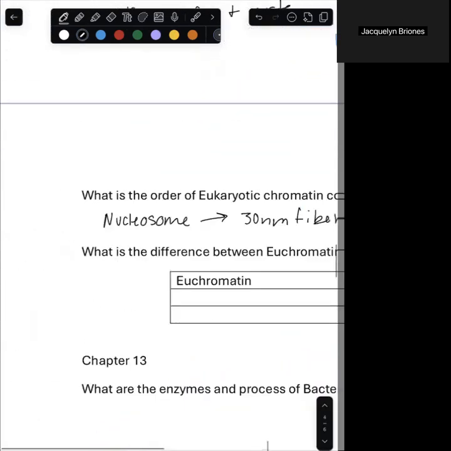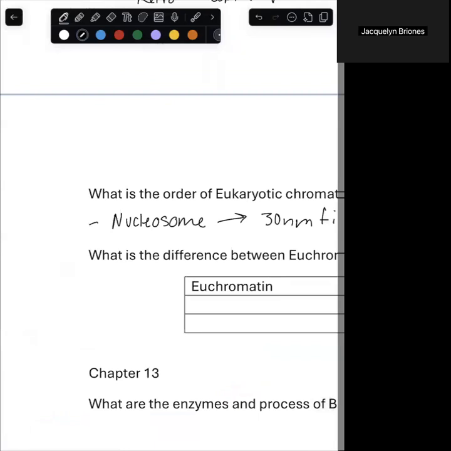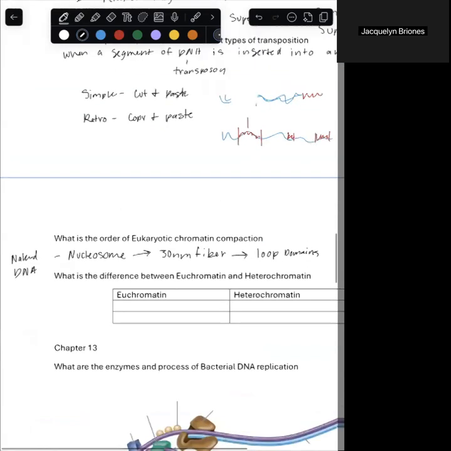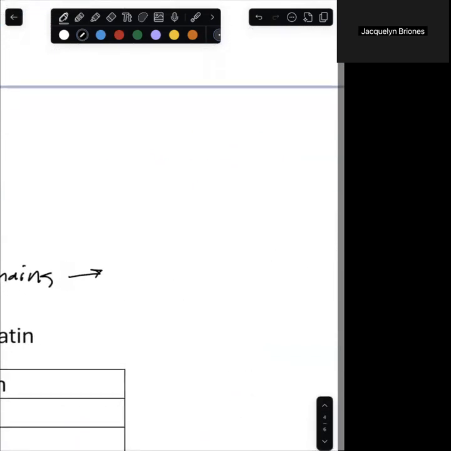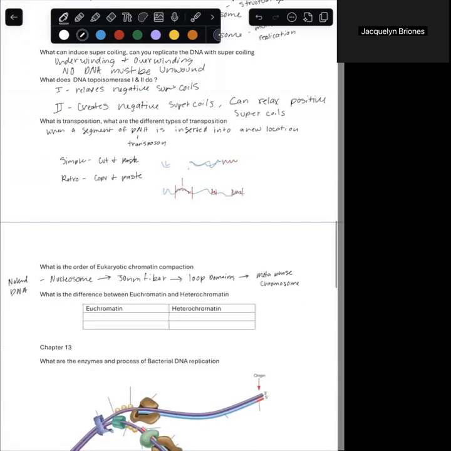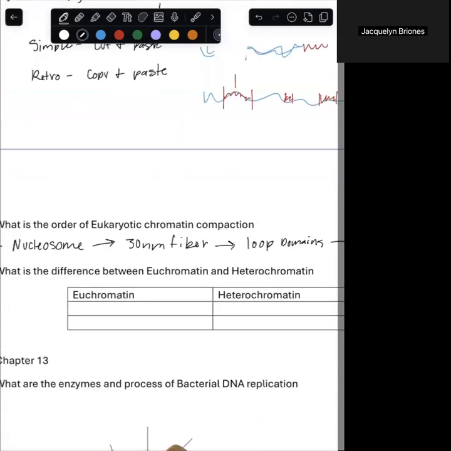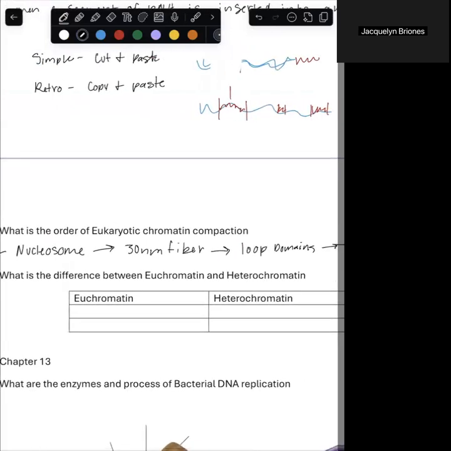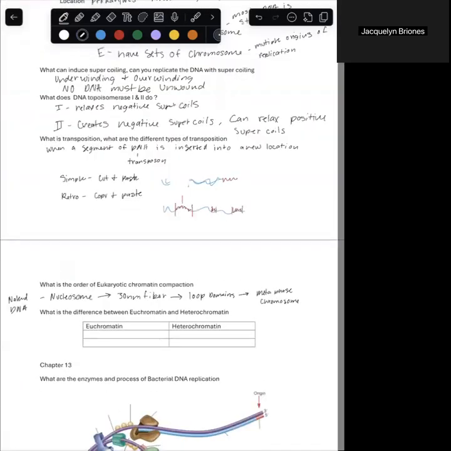And then on this side, I've seen sometimes they'll put naked DNA here, and on this side, they'll put metaphase. So you might see it with all these, or you might just see it with those. Either way, know both ways.